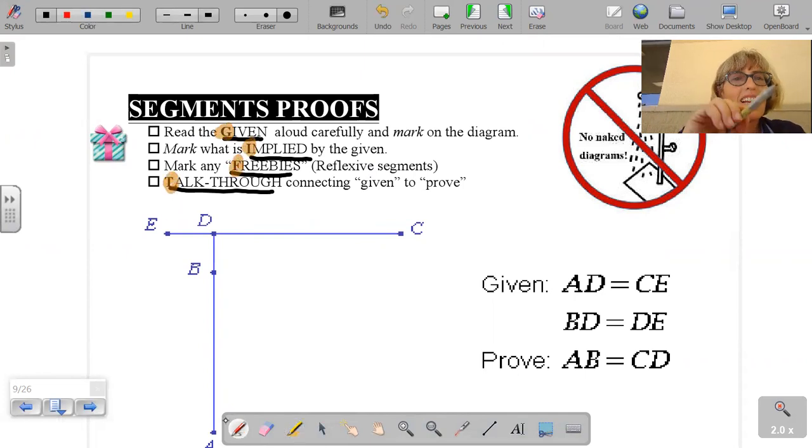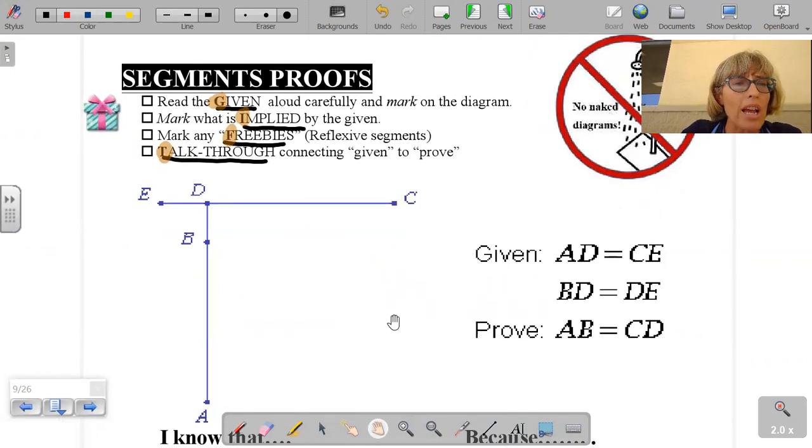Gift. So step one, colors will be helpful here. I'm going to be using red, blue, green, and yellow if necessary. Ready? We're going to start with our given information.